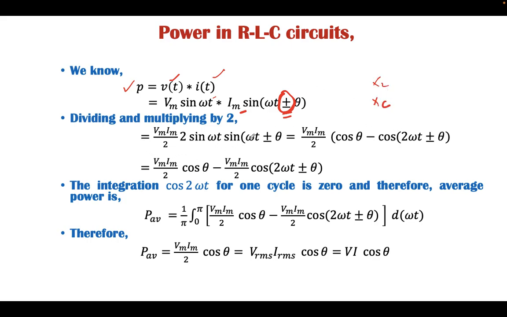Further simplifying this trigonometrical function and integrating from 0 to pi, taking 1 by pi, this component will be 0. The resultant P average will be Vm Im by 2 cos theta. It can also be written as Vrms Irms cos theta, or simply V into I cos theta. In electrical engineering, if V and I are in capital letters, it is understood that the quantities are RMS.